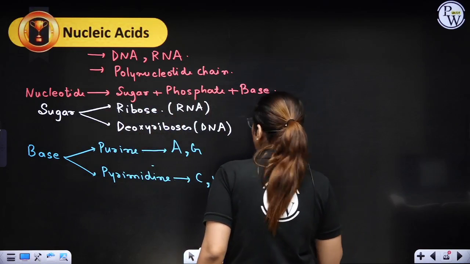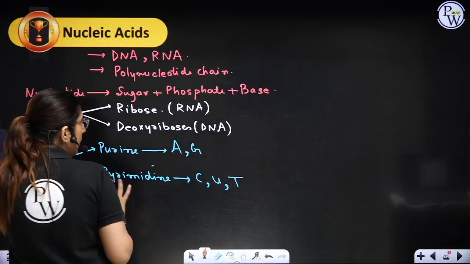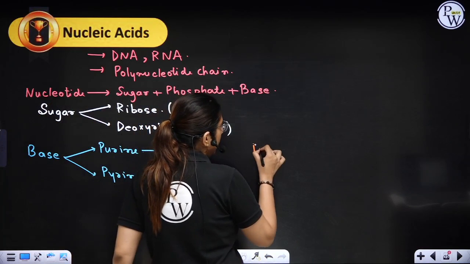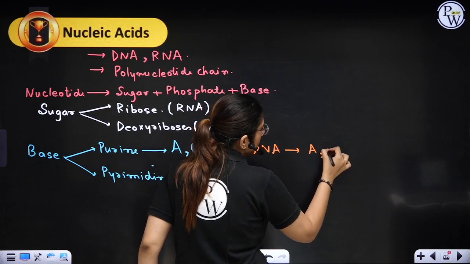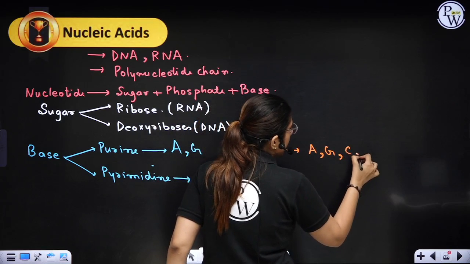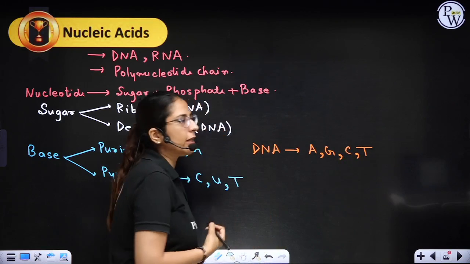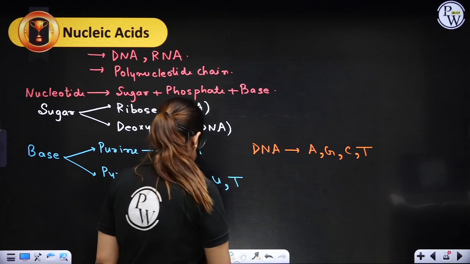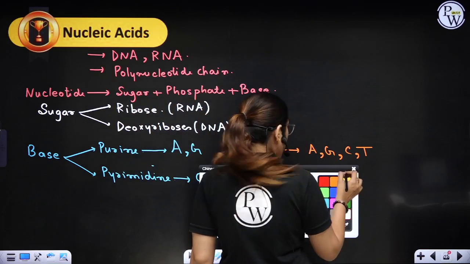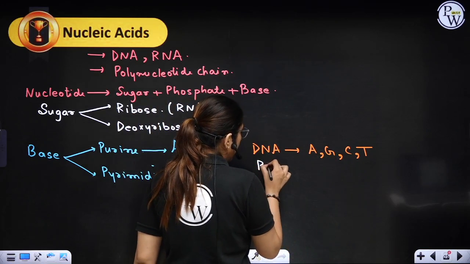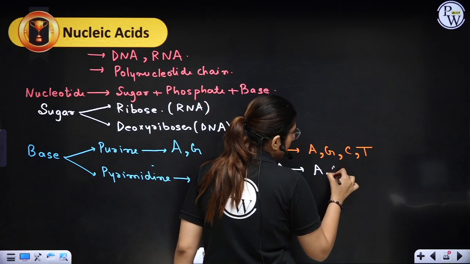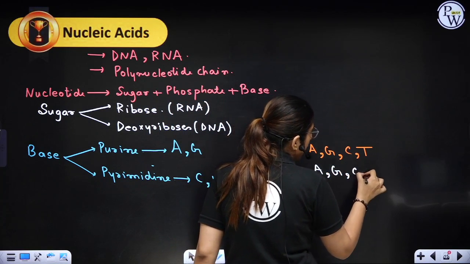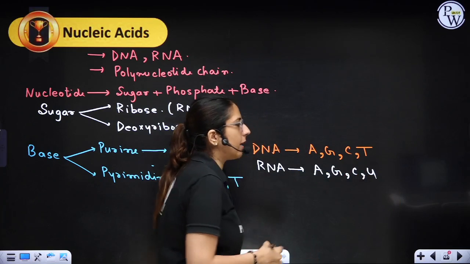Out of these bases, in the DNA you are going to find A, G, C and T. Whereas in RNA, the bases present are adenine, guanine, cytosine and uracil.